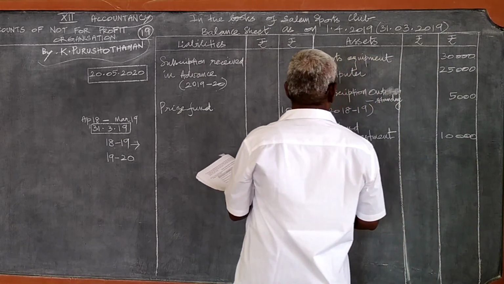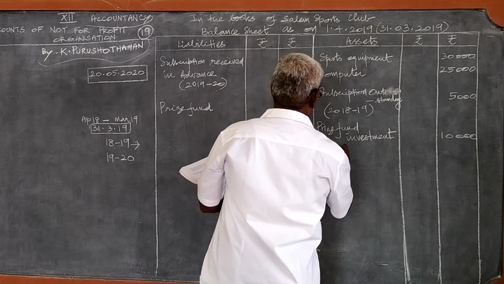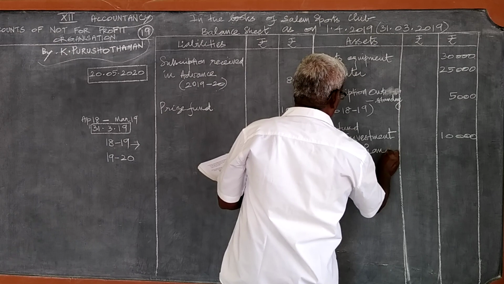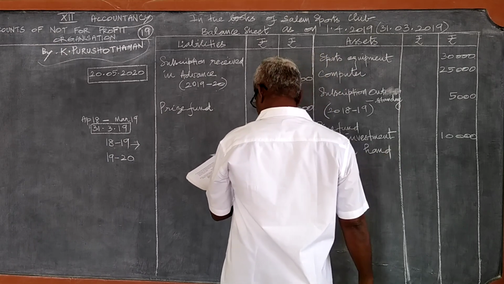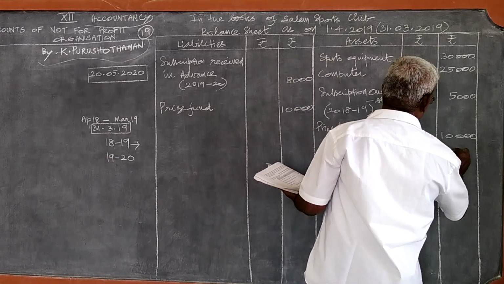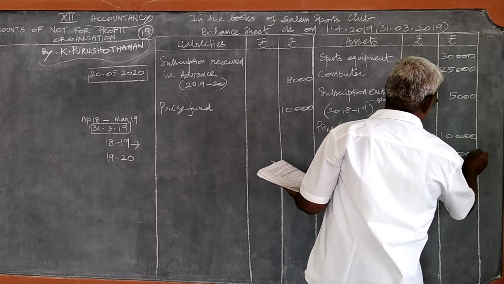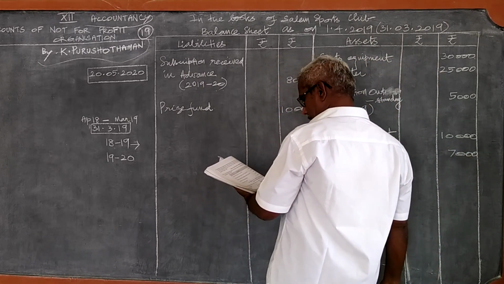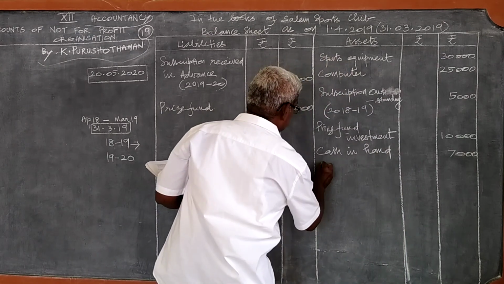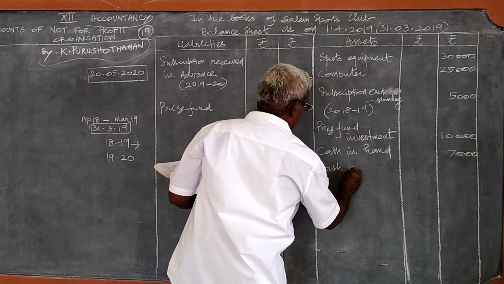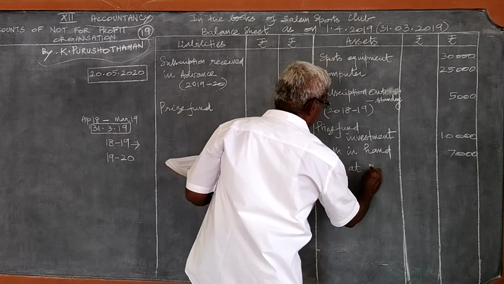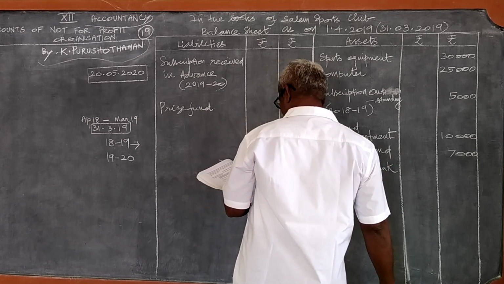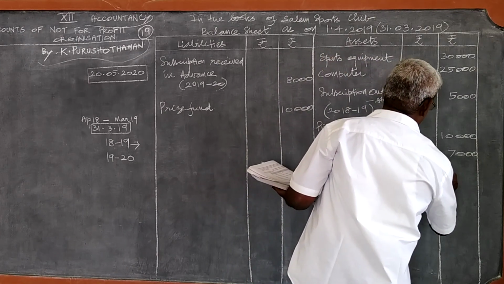Then the next one is cash in hand, 7,000. Cash at bank, 21,000.